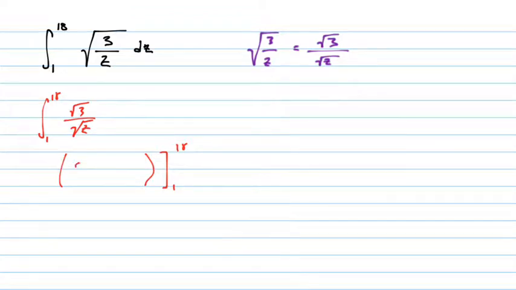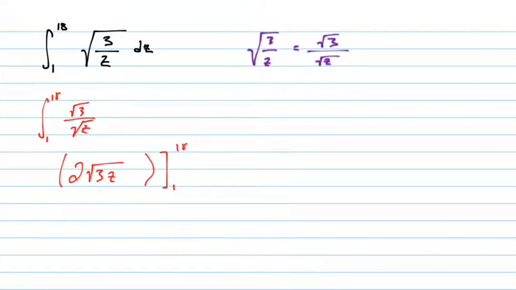Okay, Antonio says 2 times the square root of 3 times z. That's one way to look at it. And it's right. I'm just going to approach it a little bit differently to see how he got there.